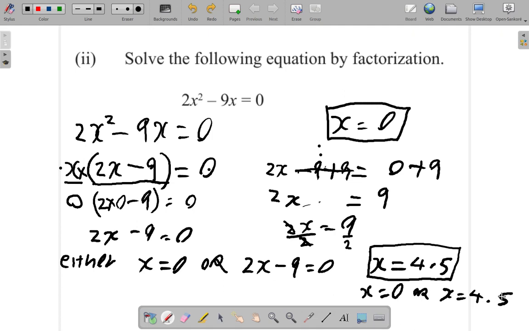As you know, you will have two answers for a quadratic equation, and it is a quadratic equation. All right, so x equals 0 or x equals 4.5 is your answer here.